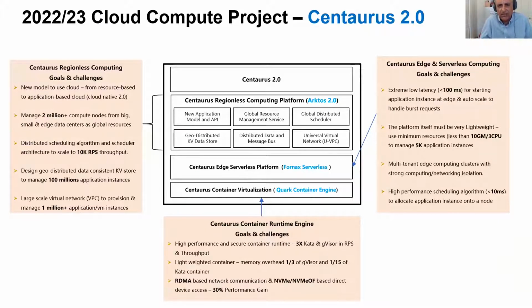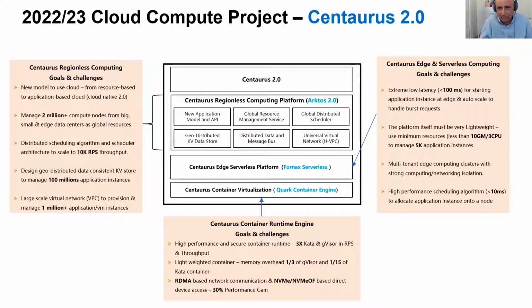We have three core components of our next-generation CentOS 2.0 to be able to support a regionless environment. We should be able to manage 2 million compute nodes scattered across multiple independent clusters.